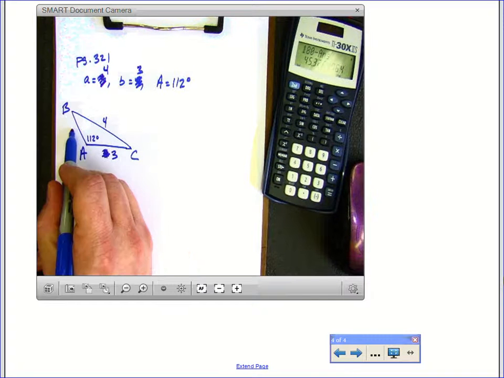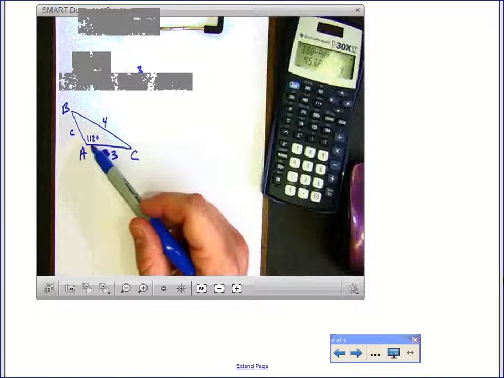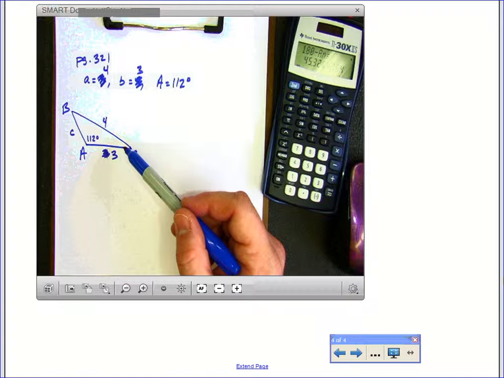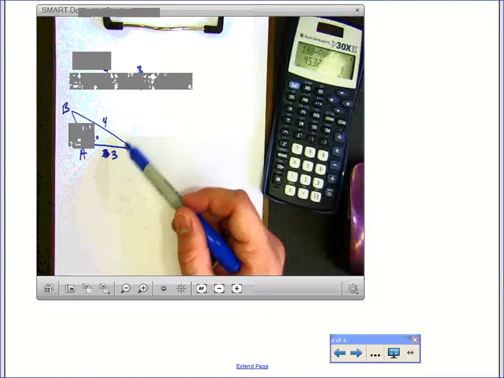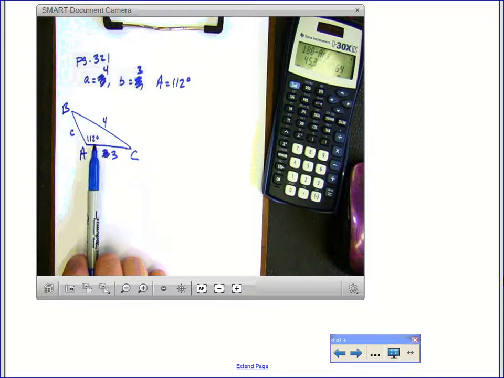All right, so little c is missing. Now, is it side side angle or is it side angle side? Side side angle. Side angle side, they would have told me what that angle was. Okay. Now, so it's side side angle, and it's the obtuse case.